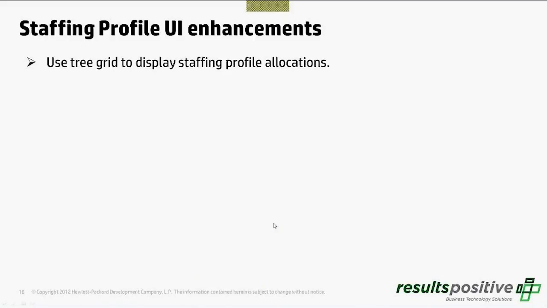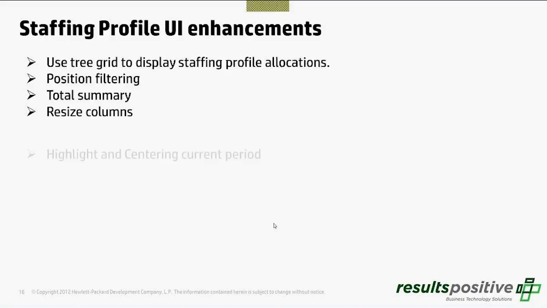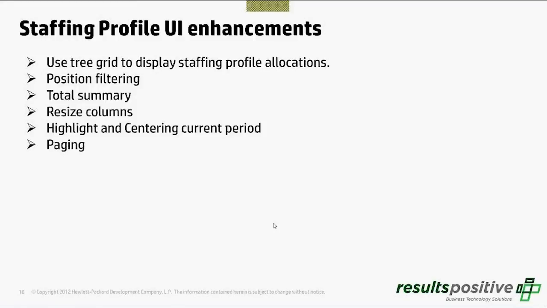From a staffing profile perspective, there were a lot of enhancements using a tree grid to display the staffing profile allocations. This means you have the ability to expand and collapse so that if you have a staffing profile with lots of positions and lots of resources, you can expand and collapse in that grid to be able to make it more usable.